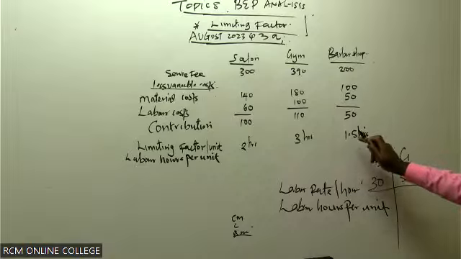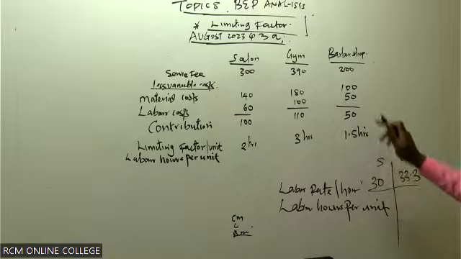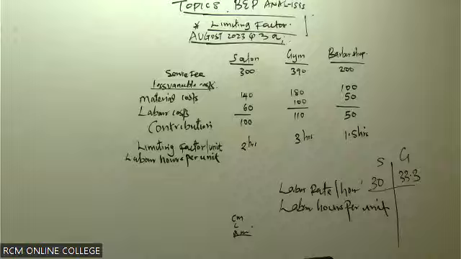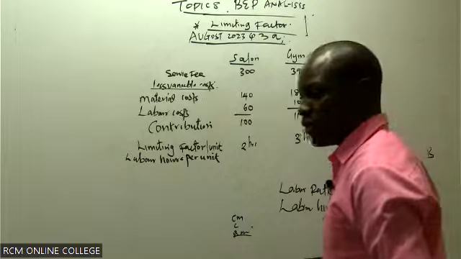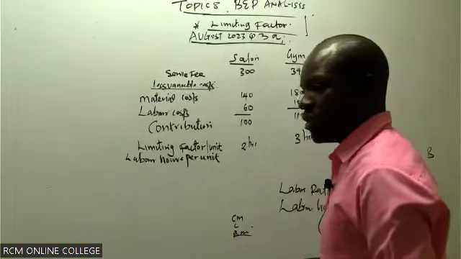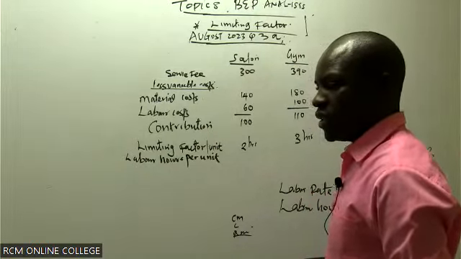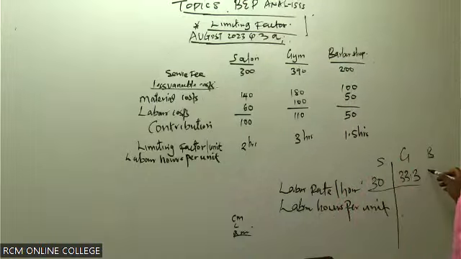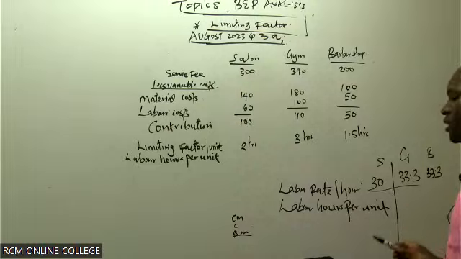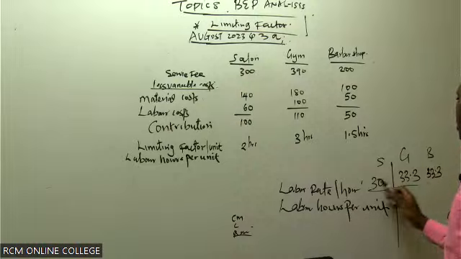They have taken 1.5 hours to pay for this. So how much is the labor rate for the barber shop? 50 divided by 1.5. It is also 33.3. So in most cases, you're going to find that this rate will be the same.